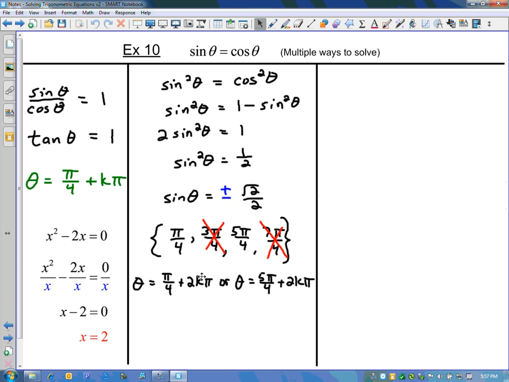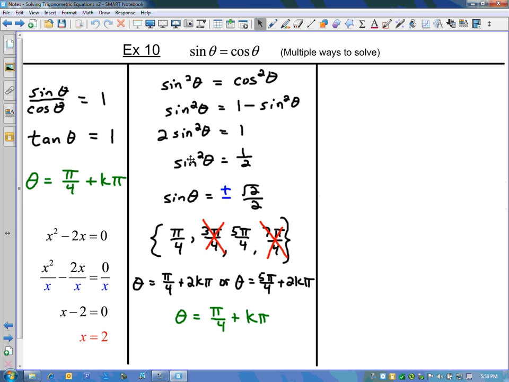Now, because of the symmetry, pi over 4 and 5 pi over 4 differ by a value of pi. So both of these can be combined as simply theta is pi over 4 plus k pi. These two are equivalent.